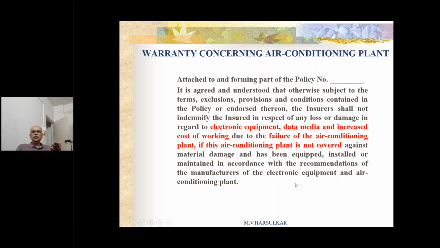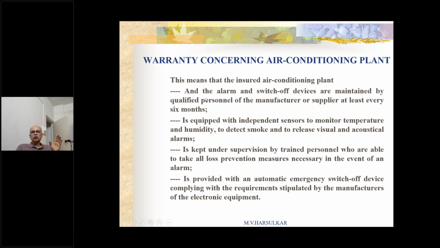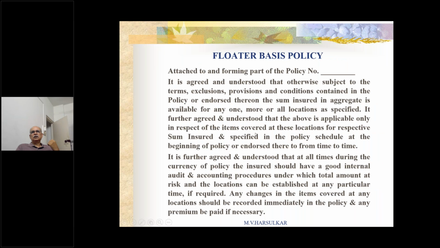Again, maintenance, the same norms like lightning arrestor and over voltage, the same norms are there. That has to be maintained as per those things. So AMC for the air conditioning plant, whether they are having it or not, that is another issue. And floater basis policy: for electronic equipment there is also a provision to cover on floater basis.